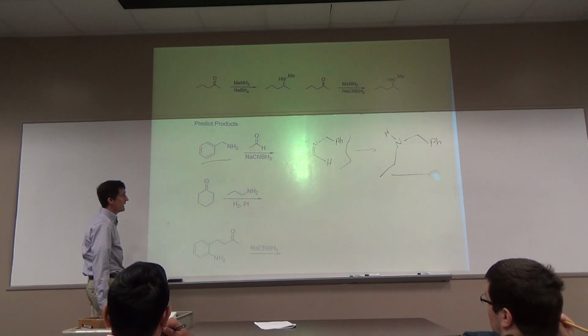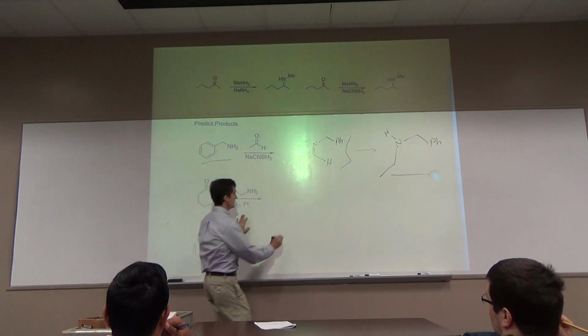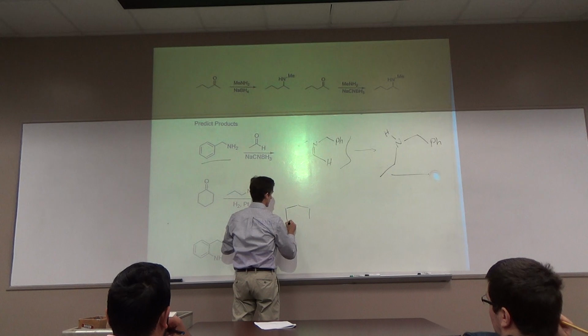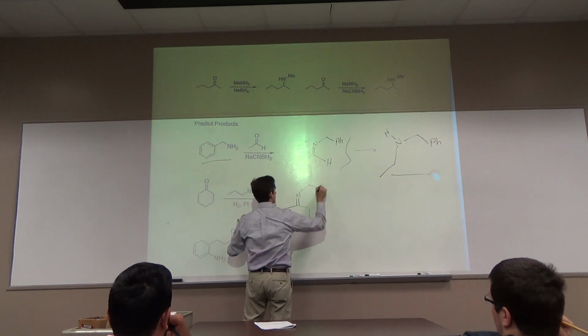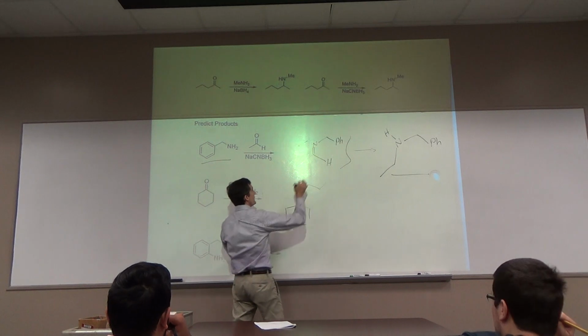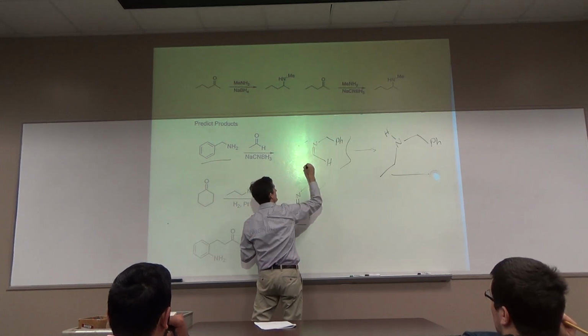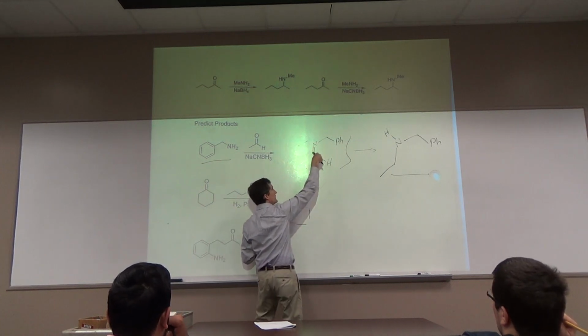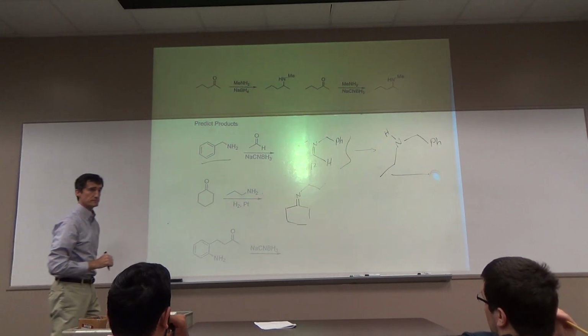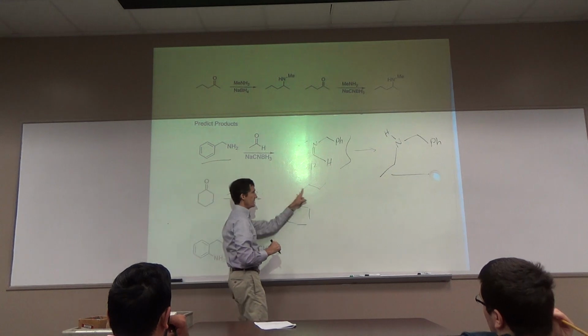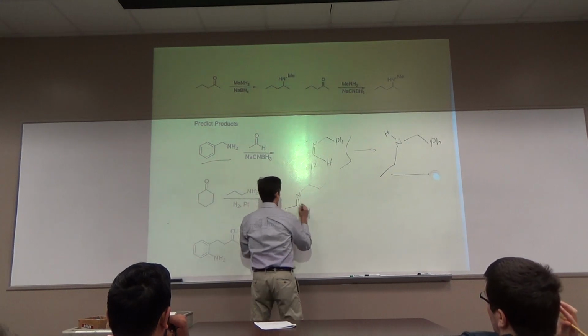Down here, aldehyde, ketone, amine. Replace oxygen with nitrogen. By the way, this could be E or Z. Doesn't matter. Either one's going to give the same product. We do not have E or Z here, if possible.